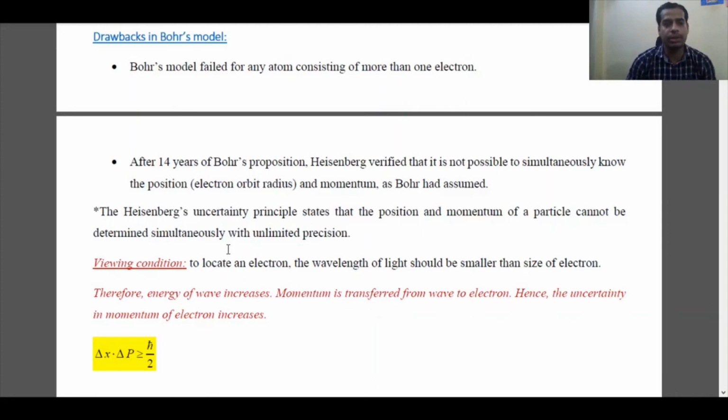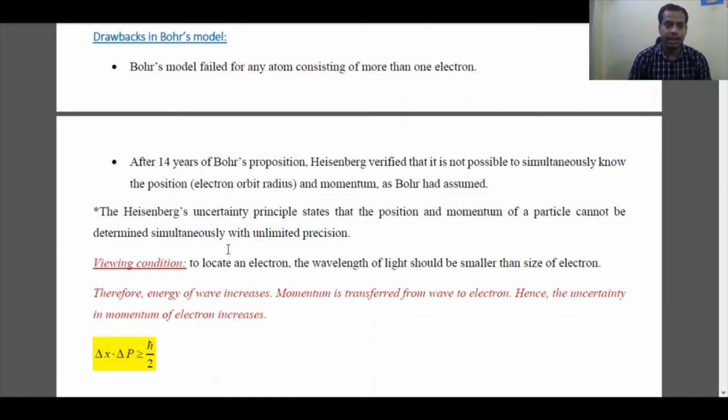What is the viewing condition? To view or to see any particle, the viewing condition is that the wavelength of light should be smaller than the size of the particle. So suppose I am seeing a ball, and suppose the ball is red in color, the red light should have smaller wavelength than the size of the ball, then only I will be able to see the ball.